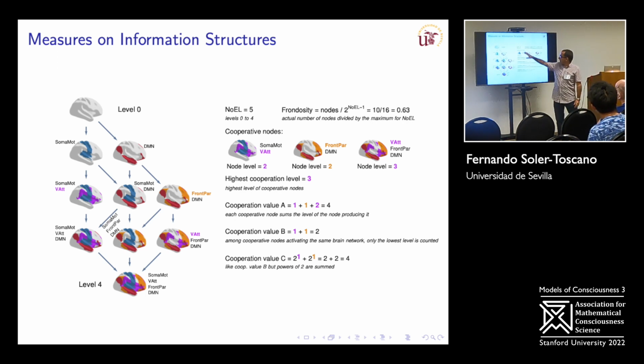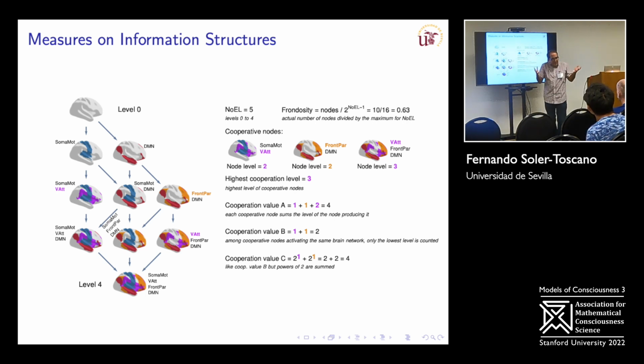And there are other measures that we call cooperation measures that look at the interaction between networks, not in the dynamical system, but in the information structure that is behind it. For example, we see that only somatomotor and the default network are in level 1.